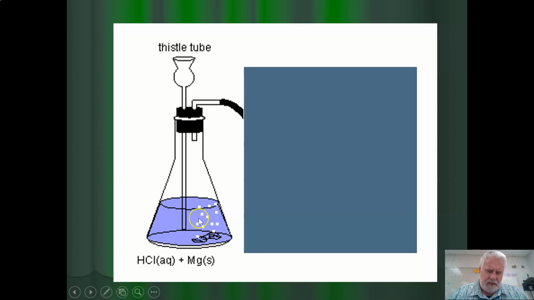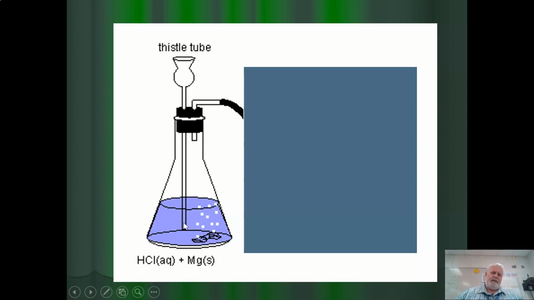So you can see what we have here is a flask that has a thistle tube. This is a glass tube which has kind of a funnel at the top. It's very important that this stays submerged under the liquid. So you can add a bunch of liquid to this.